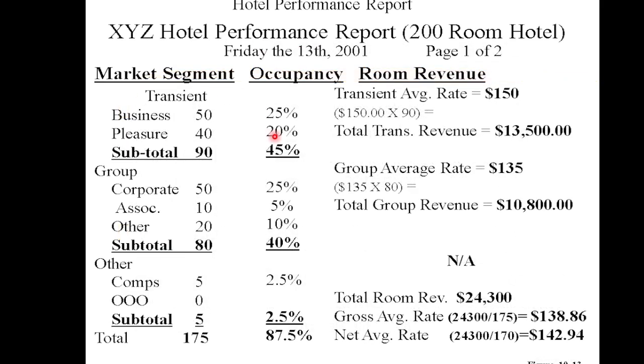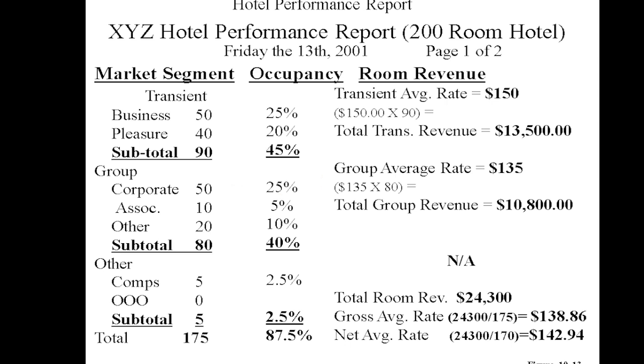We'll see. Okay, so as you can see, we have just a sample. The name of the hotel is XYZ, and they have 200 rooms available. The date is Friday the 13th of 2001, and this is June maybe.